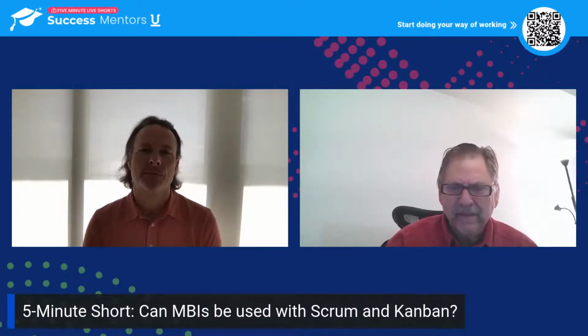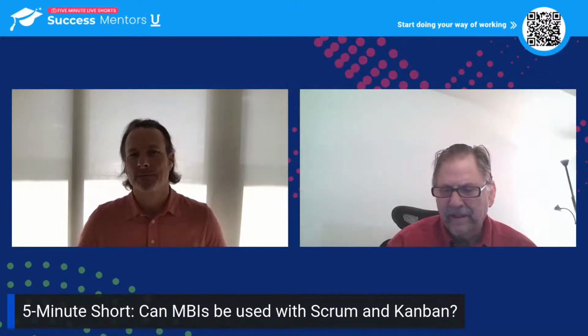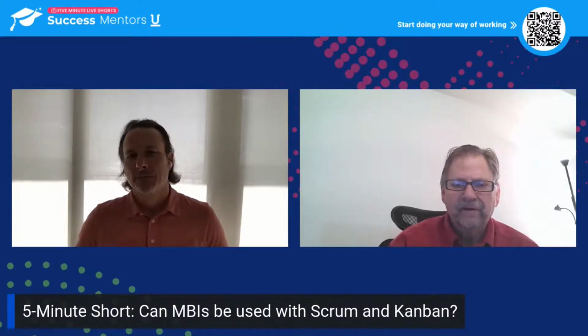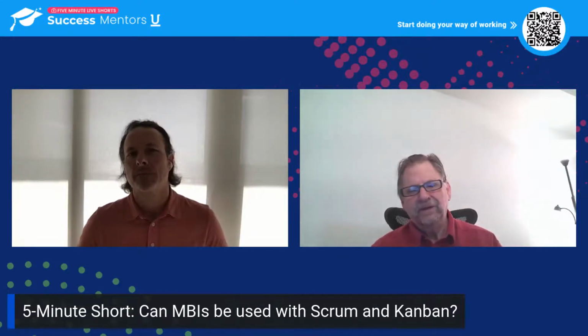Same thing with Kanban, and there is a distinction. Kanban based directly on lean is more of a flow and pull model. The Kanban method, as espoused by Kanban University, is actually a transition model: how do I do things in small steps and things of that nature? MBIs could definitely be used in either of those types of Kanban.